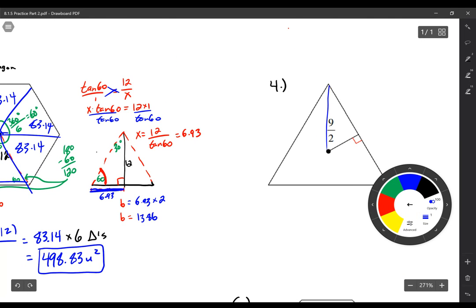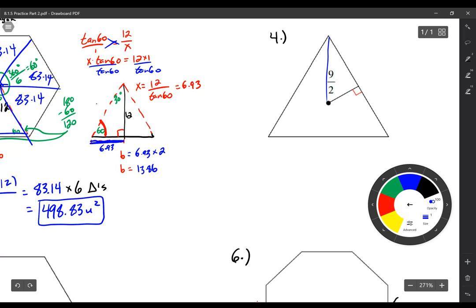You only have the height and you need to break it up into, since there are 3 sides on this triangle, you could break it up into 3 triangles. We know that this height is 9 over 2, but we don't have the base. If we were to go all the way around this right here, it's 360, but we know that there are 3 of these angles, and I'll mark them off with yellow.